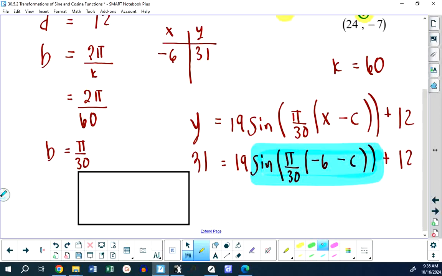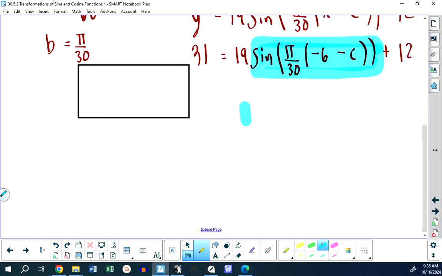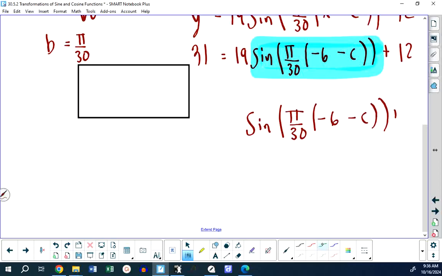Figure out what we're going to get when we rearrange this for sine of pi over 30 times negative 6 minus c, in brackets. What do we get when we do that? And you should get, I believe, 1.